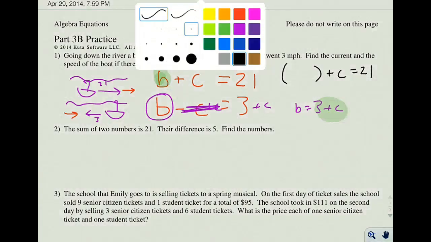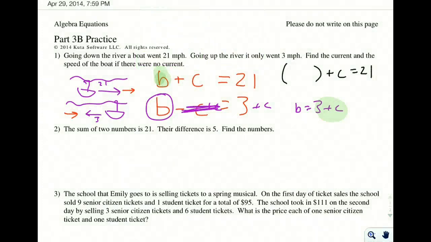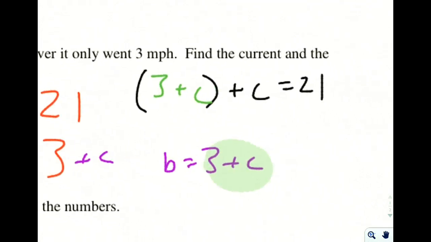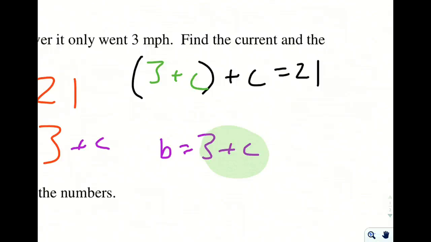And I'm going to replace that B with what I know to be equal to B, 3 plus C. So 3 plus C plus C equals 21. I like to use parentheses whenever I'm substituting, but in this case there's nothing out front and no exponents, so I can get rid of these parentheses. They're not necessary anymore.